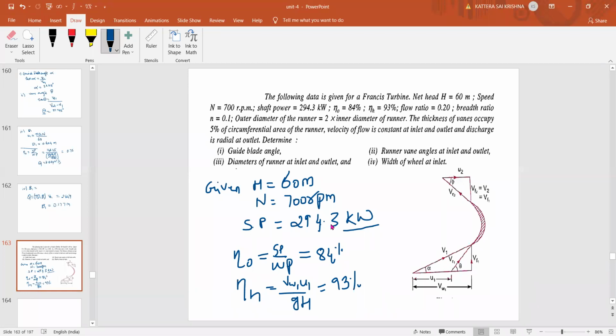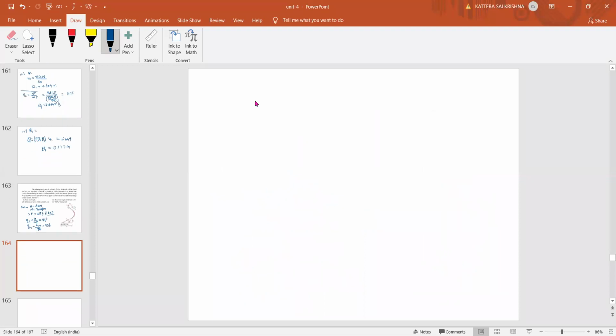Flow ratio is nothing but Vf1 divided by under root of 2gH. The word flow gives Vf1, velocity of flow. Vf1 equal to flow ratio into root 2gH. That is the meaning. Okay, so flow ratio he has given.